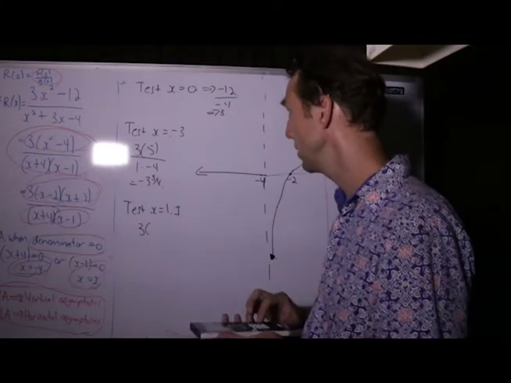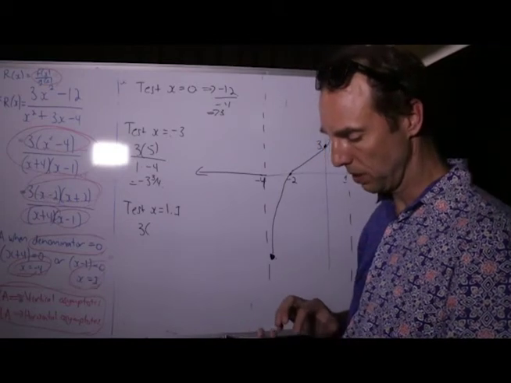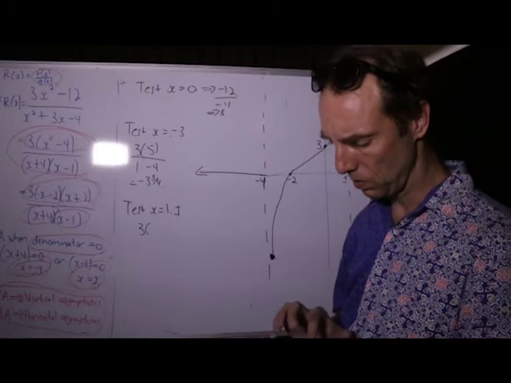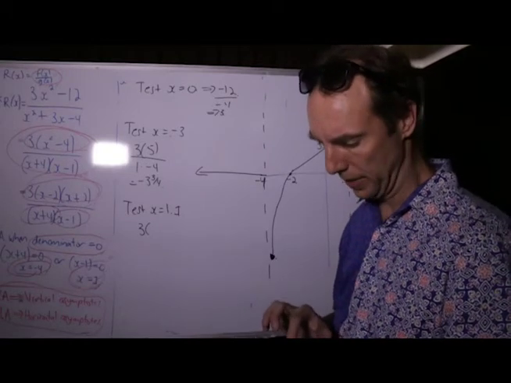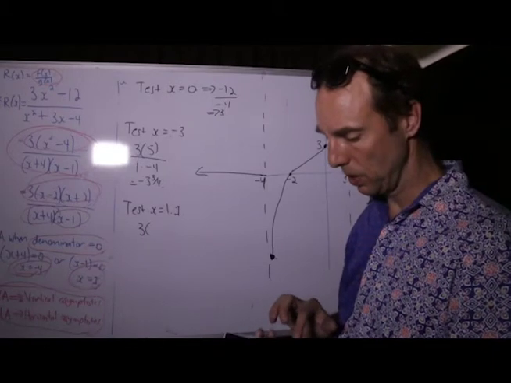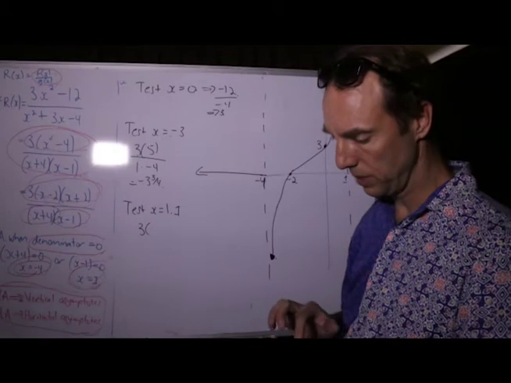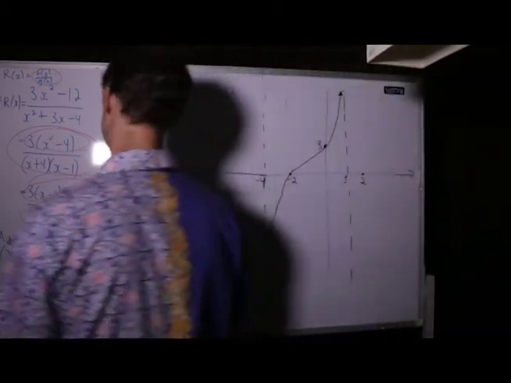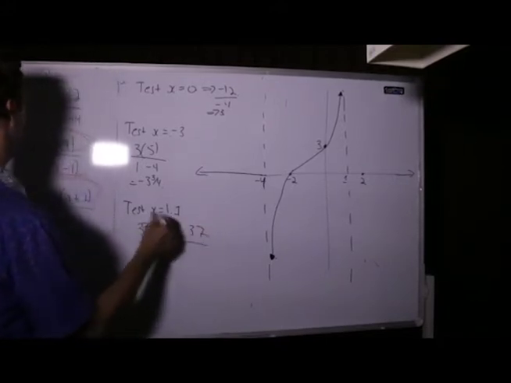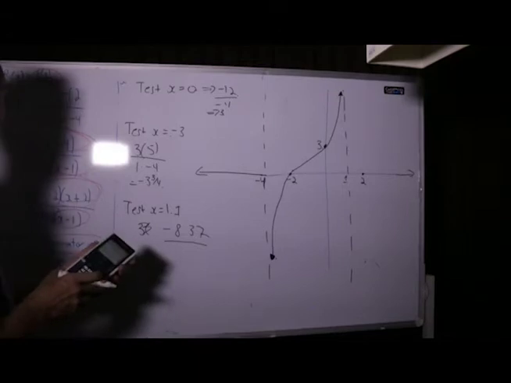1.1 squared, okay, minus 4, what? Oh, I see, 1.1 squared minus 4 times by 3, okay, so on the top here I get negative 8.37. And then on the bottom, I'm going to put in 1.1 also.